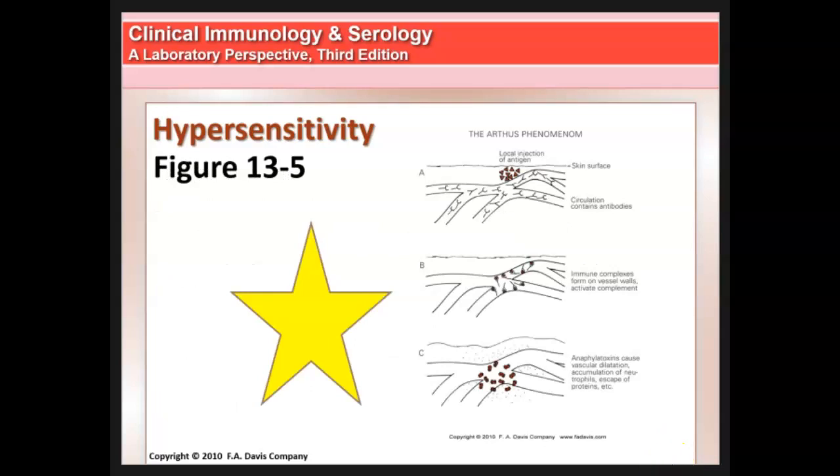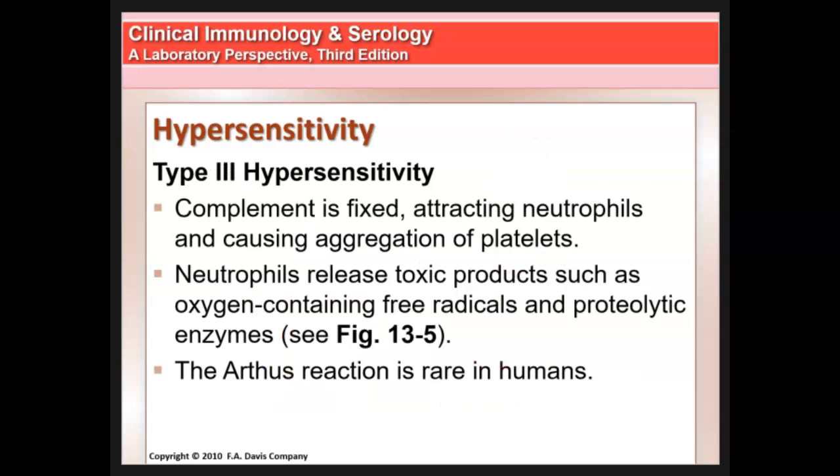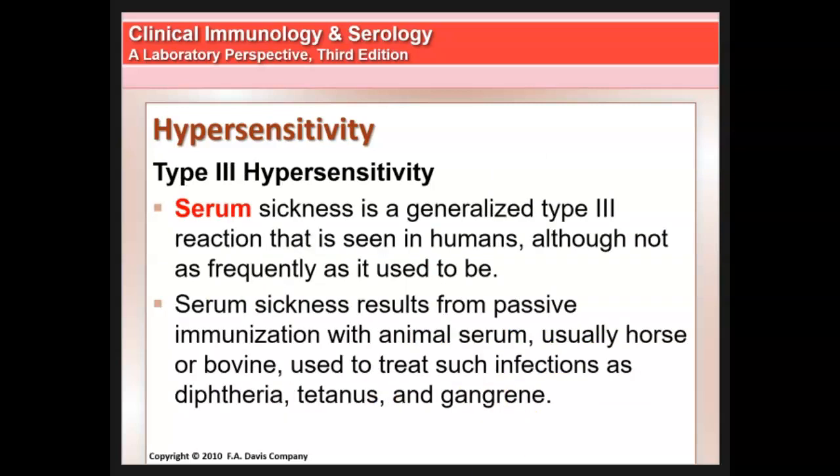So here is a depiction of the Arthus phenomenon. In the Arthus reaction, precipitates of immune complexes form in small blood vessels under the skin when antigen is injected in an animal with large amounts of circulating antibody. The Arthus reaction is very rare in humans.